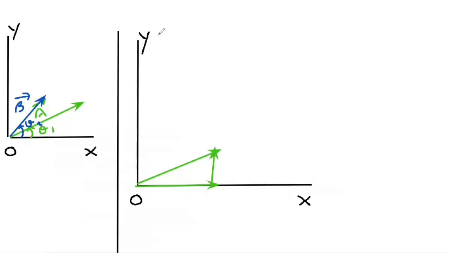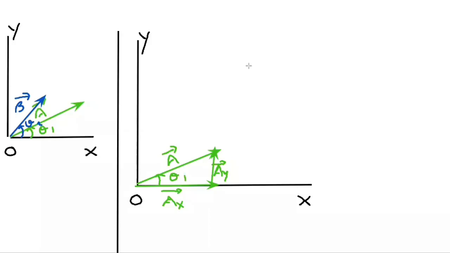What is this? This is vector A and it has an x component, vector AX, and it has a y component, vector AY. It is making an angle theta 1 with respect to x-axis. Theta 1 must be same as that in the first figure.